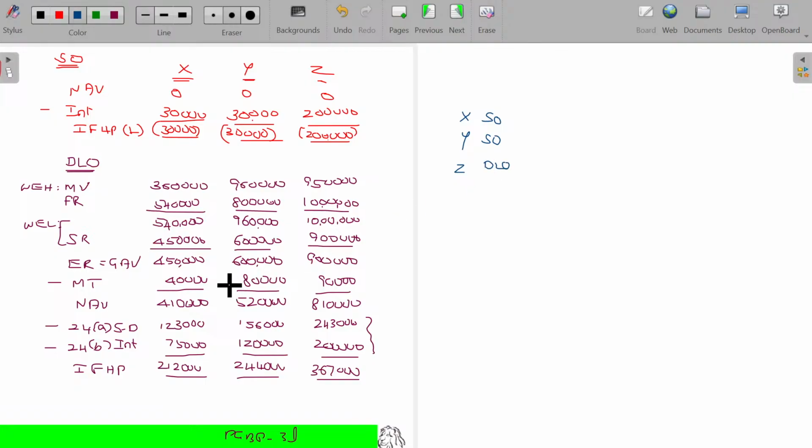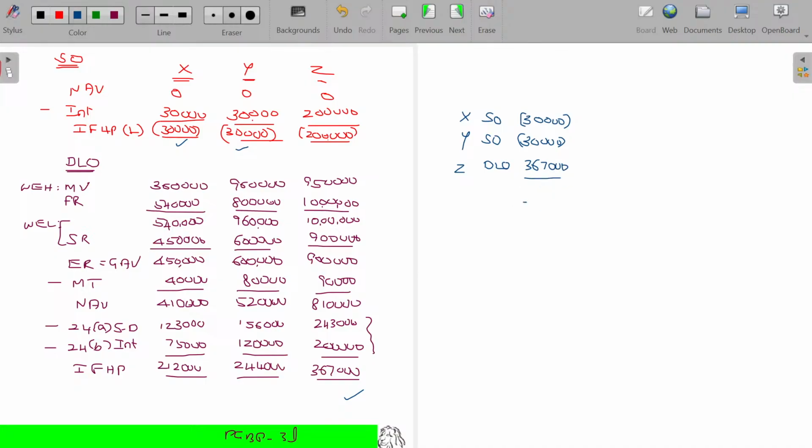This is the first assumption. As per this assumption, what about your total income? 30,000, 30,000 and 3,67,000 will be taken. If X is self-occupied, there is a loss of 30,000. Y being self-occupied, 30,000. If Z is assumed to be deemed to be let out, 3,67,000 will be taken.